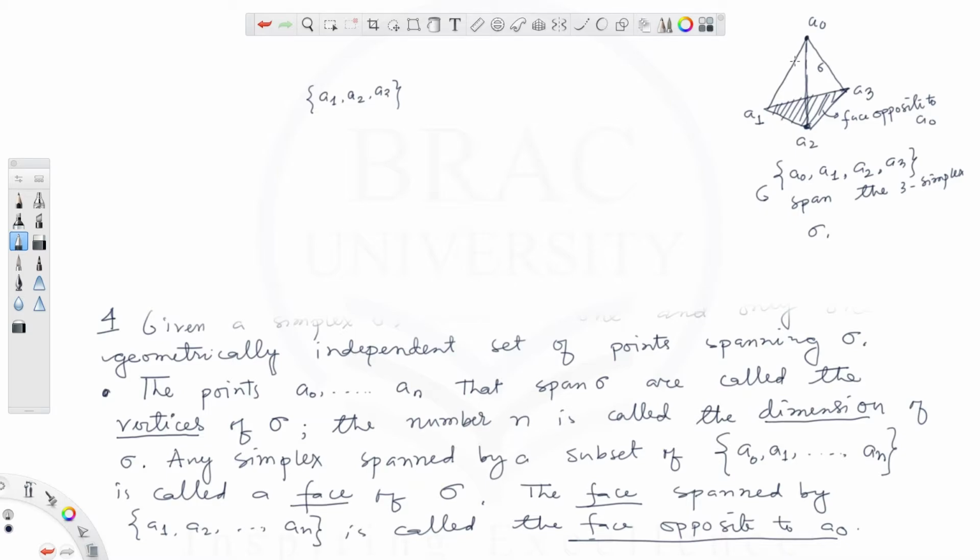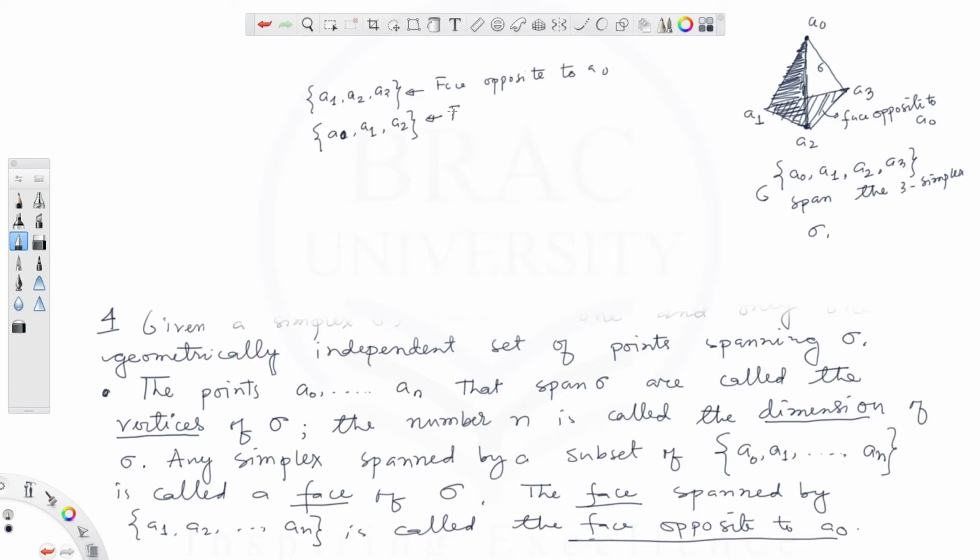Now consider this face, opposite to A0. We can also take this face in the picture, which is the 2 simplex formed by A0, A1 and A2.